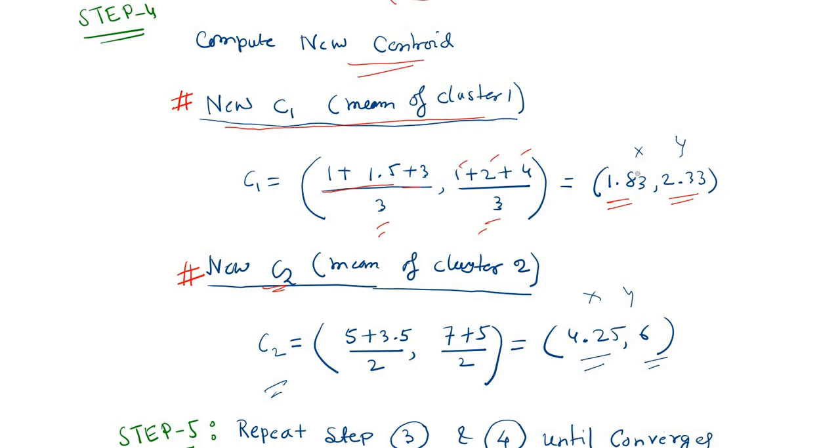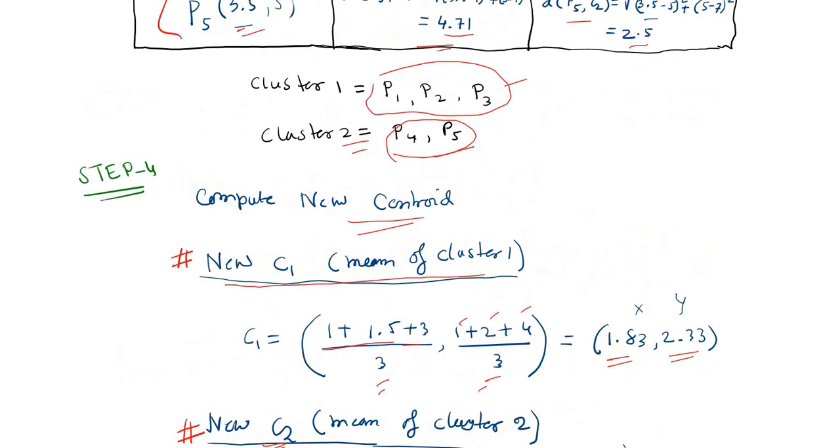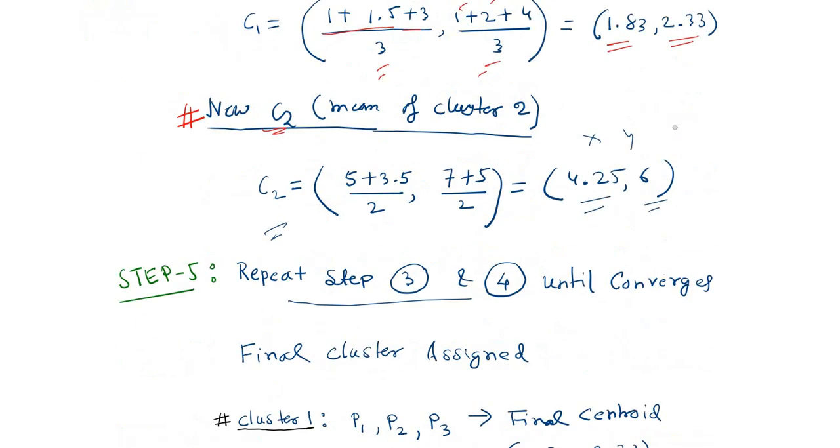Now the question is how we can do the further steps. The similar steps 3 and 4, until it converges, we repeat the same procedure and compute the rest of the computation until it converges. So that is the condition.